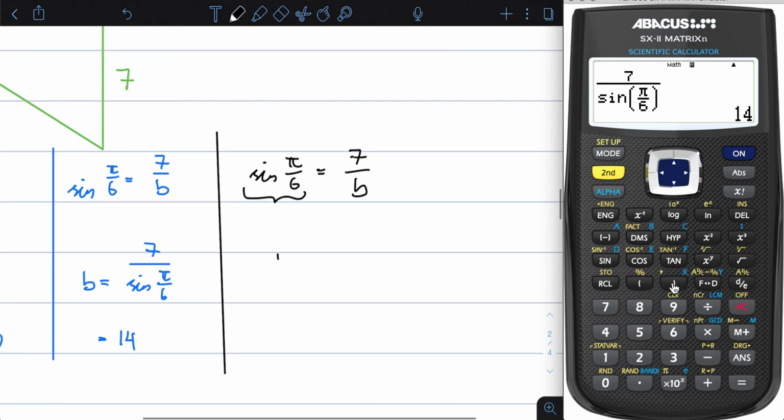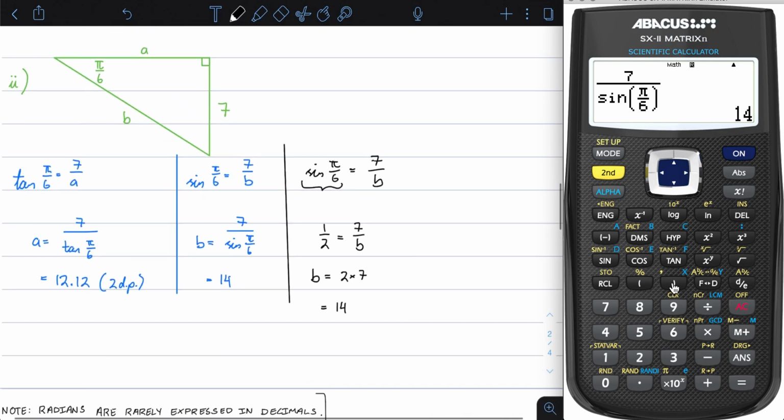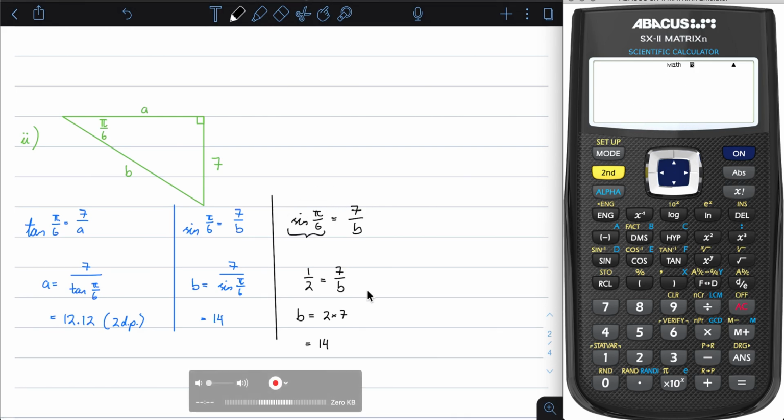And sine 30 is equal to half, which equals 7 on b. Solving for b, cross multiplying, we get b is equal to 2 times 7 equals 14. So while it's good that we understand how to utilize our calculator in radians mode, we mustn't forget utilizing exact ratios for trigonometry.